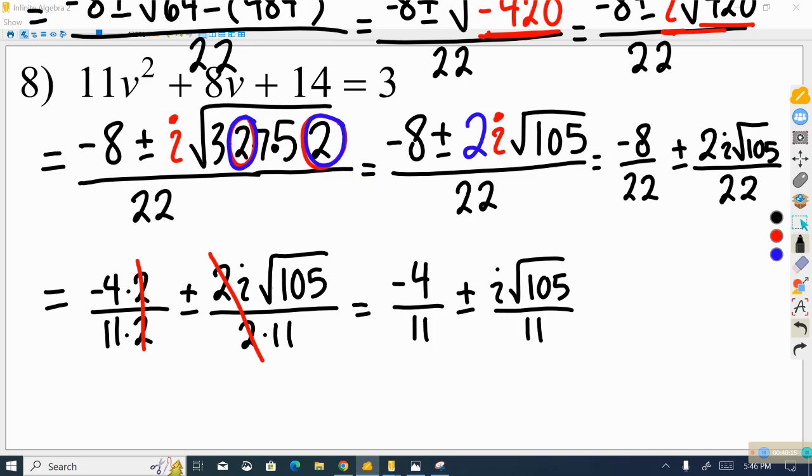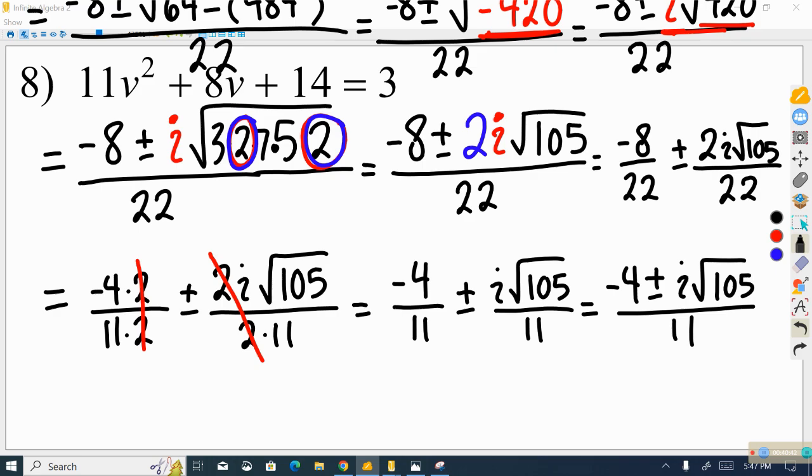Okay? We could even combine those back into one fraction now. However we wanted to express it, we have 2 different values. In this case, in the last expression, we were able to turn one of the fractions into something that wasn't a fraction. But because both of these have the same denominator, it's probably the most convenient way to write it. So we would change this into -4 plus or minus i times the square root of 105, both divided by 11.